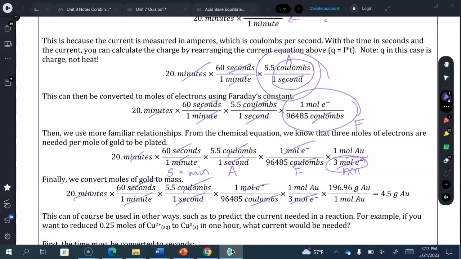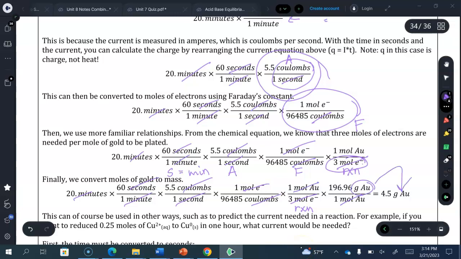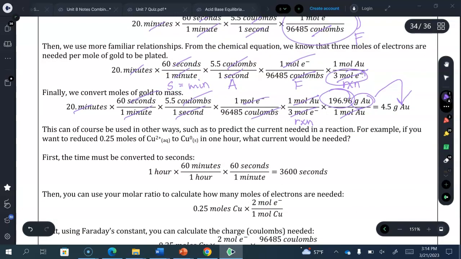Then we can go from moles of gold in the reaction and cancel using molar mass because we were asked for grams of gold plated. So we look at the molar mass of gold. Then we do 20 times 60 times 5.5, hitting the equal sign after each one.